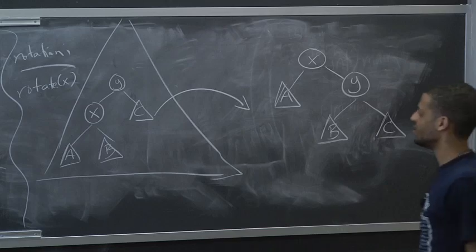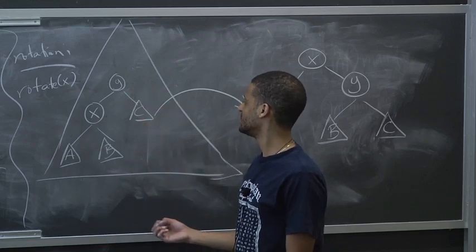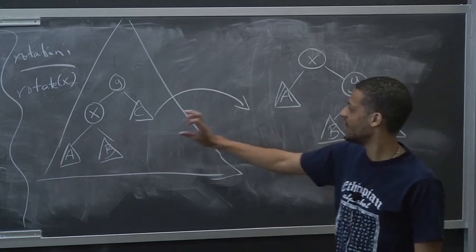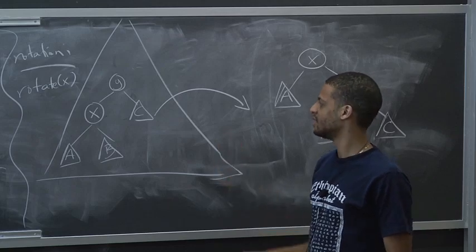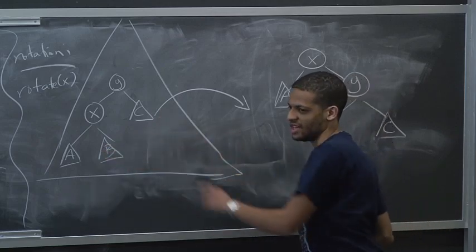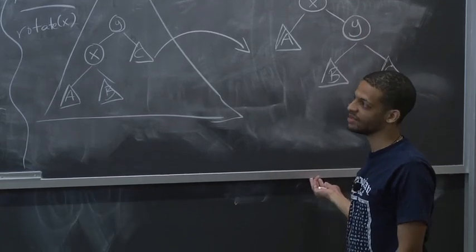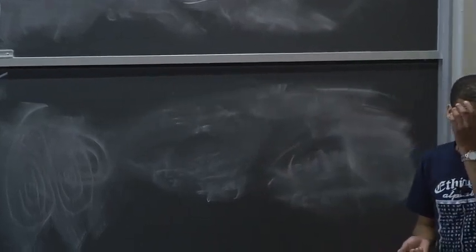And X could be the right child of Y, in which case there's a symmetric looking picture. The point is that X now becomes the parent of its parent. And then these trees go wherever they need to go to keep the binary search tree ordering valid.